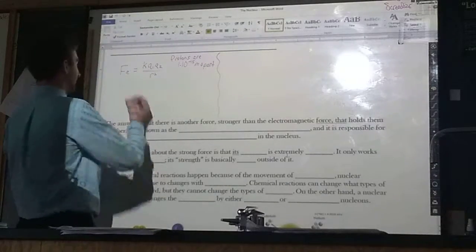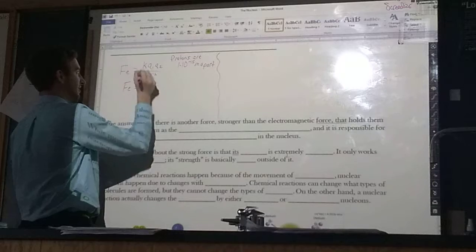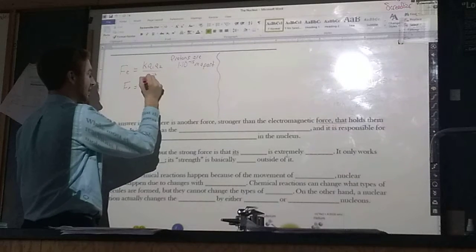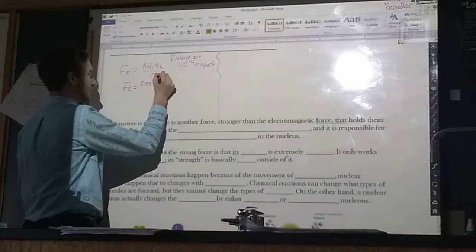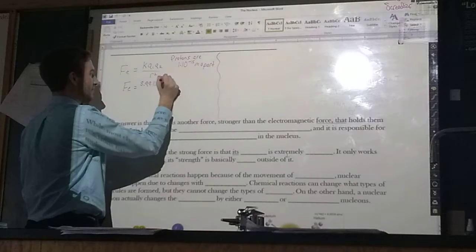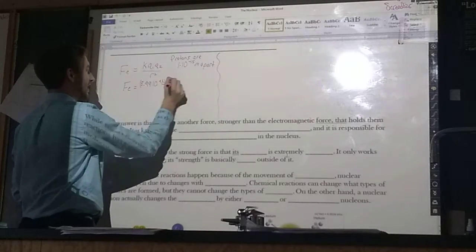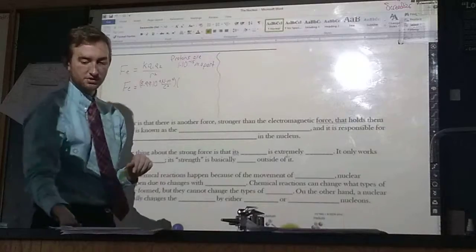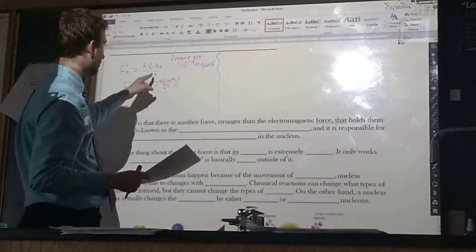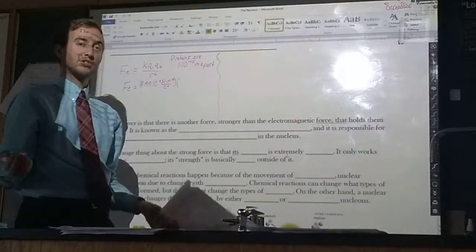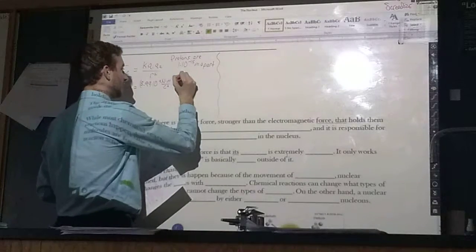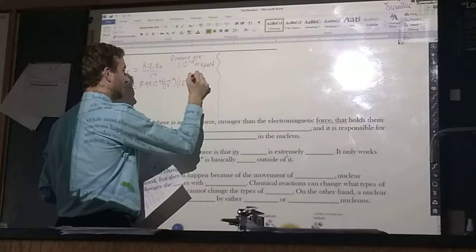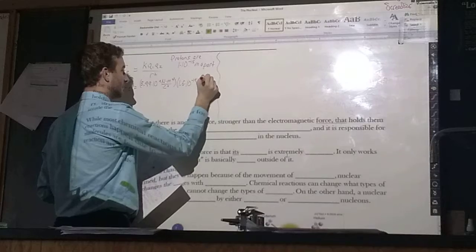For the electrostatic force, we would then start the calculation. K is the electrostatic constant, 8.99 times 10 to the 9th newtons times meters squared over coulombs squared. That number is located in the reference tables. Now we have to deal with the charge. We have two protons. Protons are elementary charges, therefore they each have a charge of 1.6 times 10 to the negative 19th coulombs.